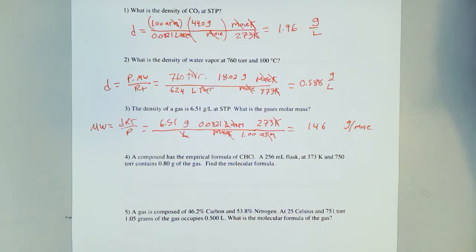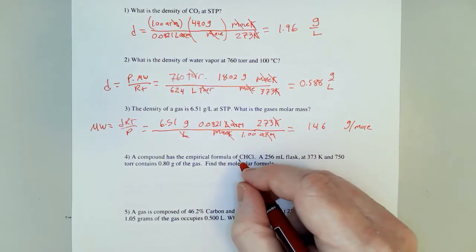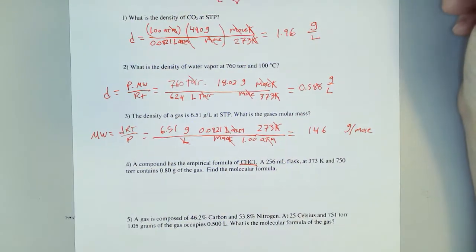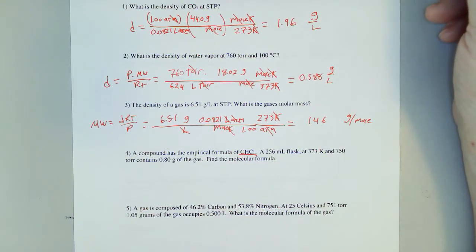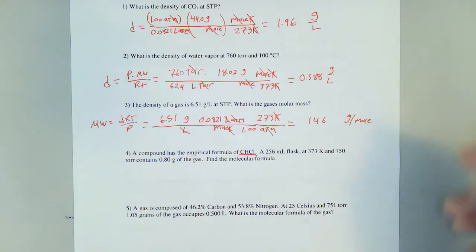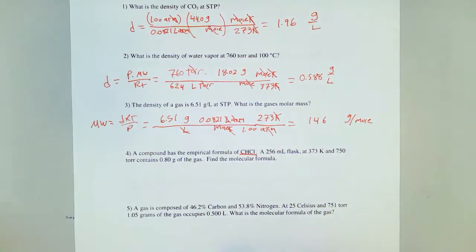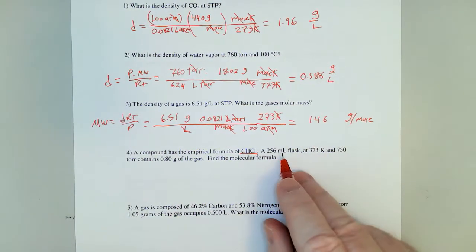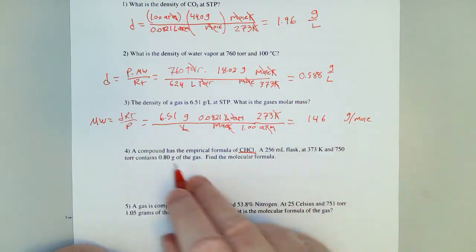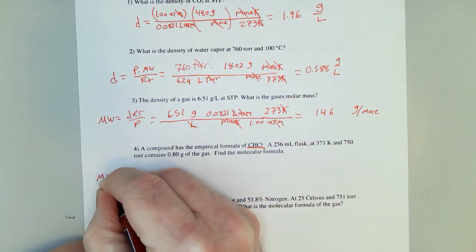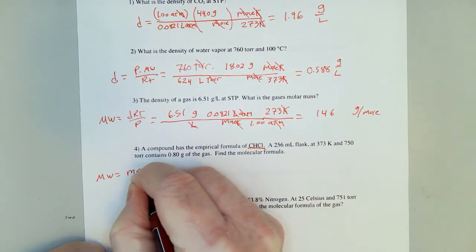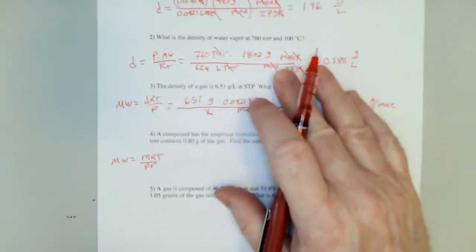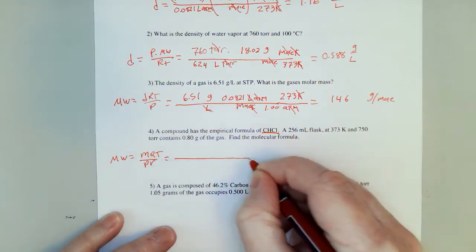Okay, now we have to do some work here involving a formula. The empirical formula is CHCl, and we want to know what the molecular formula is. So we need to know the molar mass based upon all this gas information. They give me volume, all in milliliters. I'll need to convert temperature, pressure, mass. Okay, so molecular weight equals mRT over PV based upon this right up there.